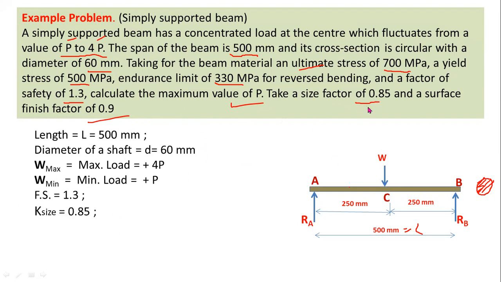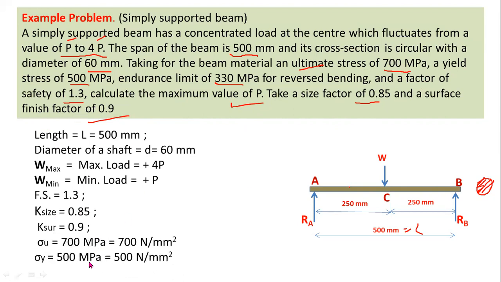Size factor equals 0.85, and surface finish factor equals 0.9, and ultimate strength equals 700 megapascal. Yield stress equals 500 megapascal, and endurance limit sigma e equals 330 megapascal. These all are the given values. By using these values, you have to find out this maximum value of P. You have to find out the value of P by using Soderberg and Goodman's methods.